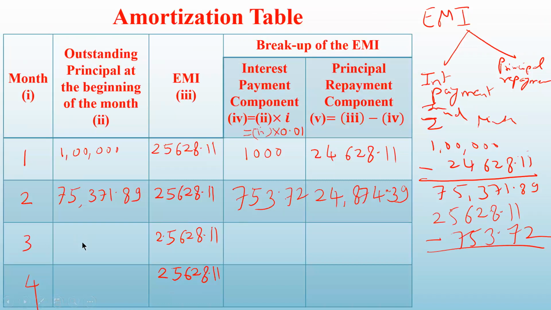Now, what is the outstanding principal in the third month? See, this much was the outstanding principal in the second month. And at the end of the month, after you pay the EMI, you have paid this much principal. So what will be the balance of the principal in the third month? This minus this. So second month initial outstanding principal minus how much principal you have repaid? 24,874.39.